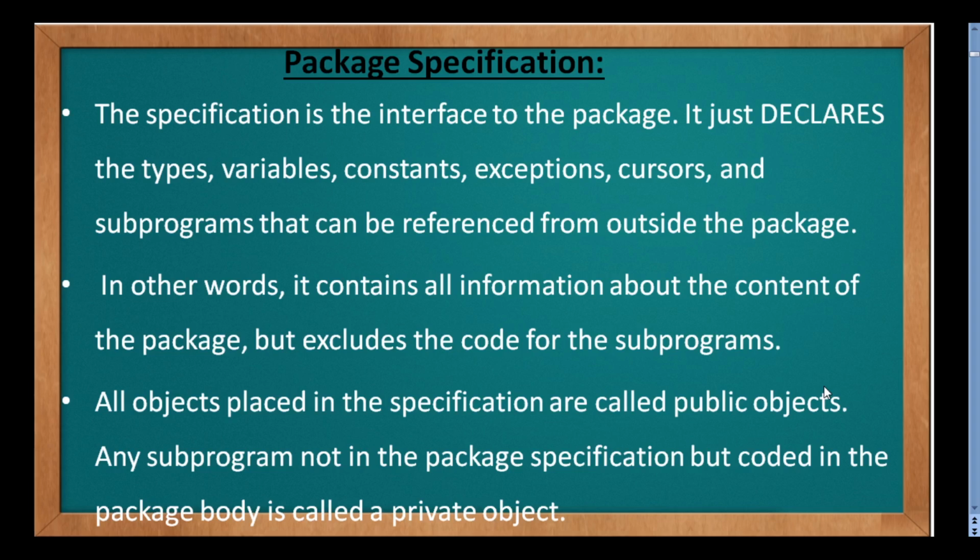The package specification lists all the objects which are publicly accessed from other applications. Okay, means it declares all the types, variables, constants, exceptions, cursors and subprograms like procedures or functions. And these are publicly accessible from other applications also.